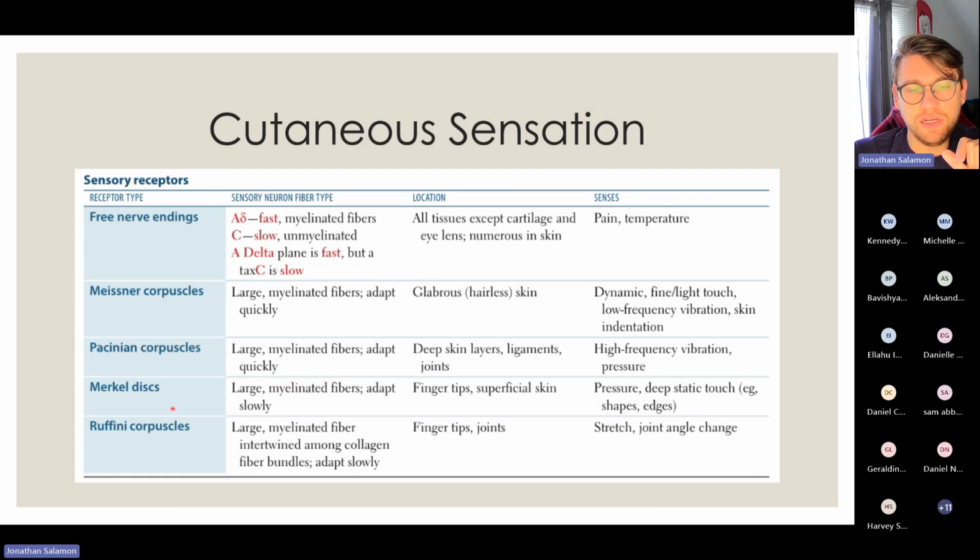You probably don't need to know what type of fibers each of these communicates with, but I would 100% know physically what they detect, right? Meissner corpuscles are vibration, right? Pacinian corpuscles have your high frequency vibration, but I'm pretty sure they're mostly pressure. Know what these do.